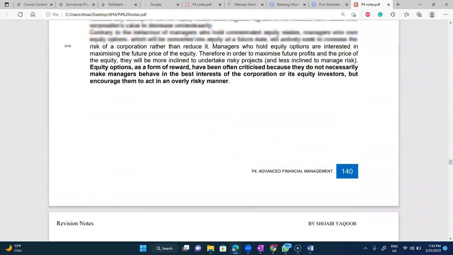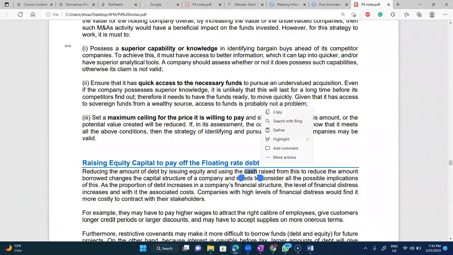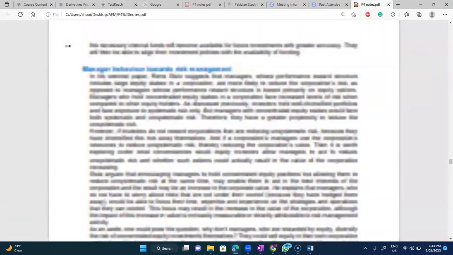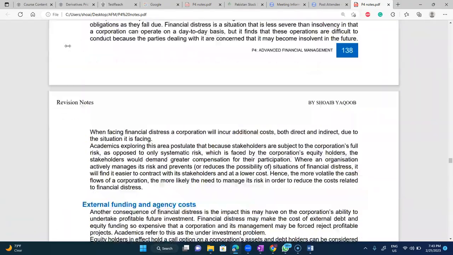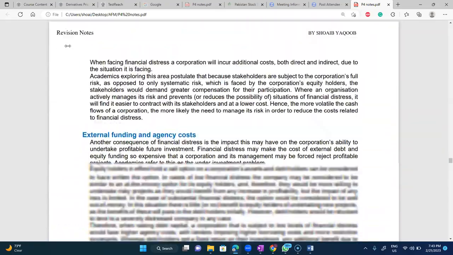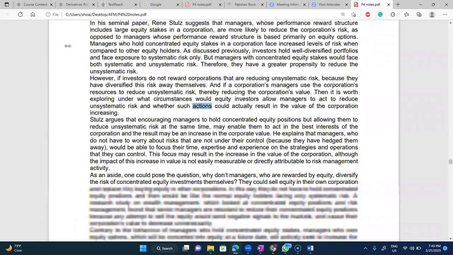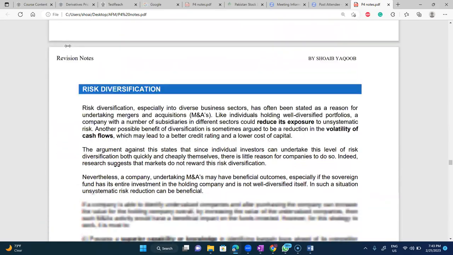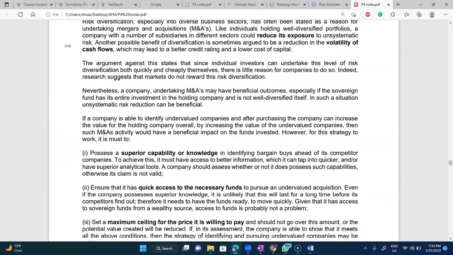So these 2 pages are very important. These 3 pages. Risk management. These 3 pages are very important. You need to remember this. Risk diversification.